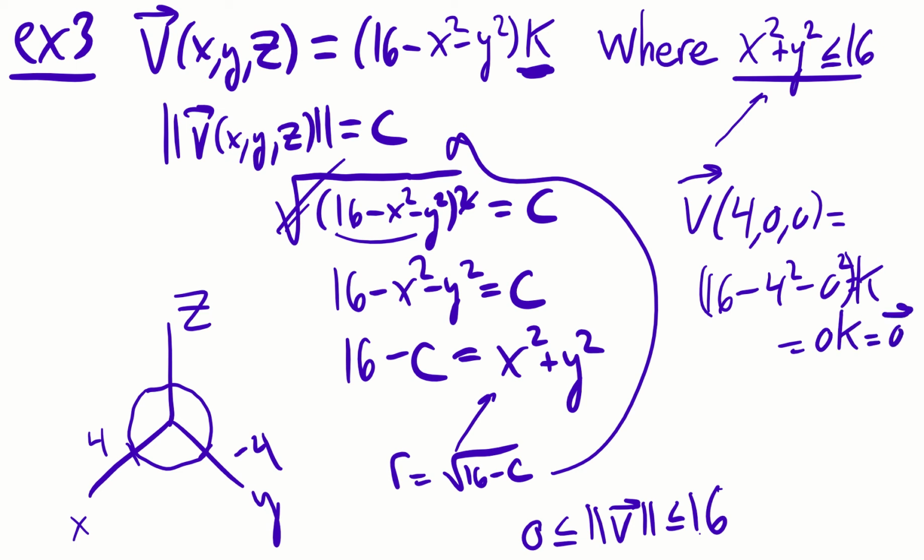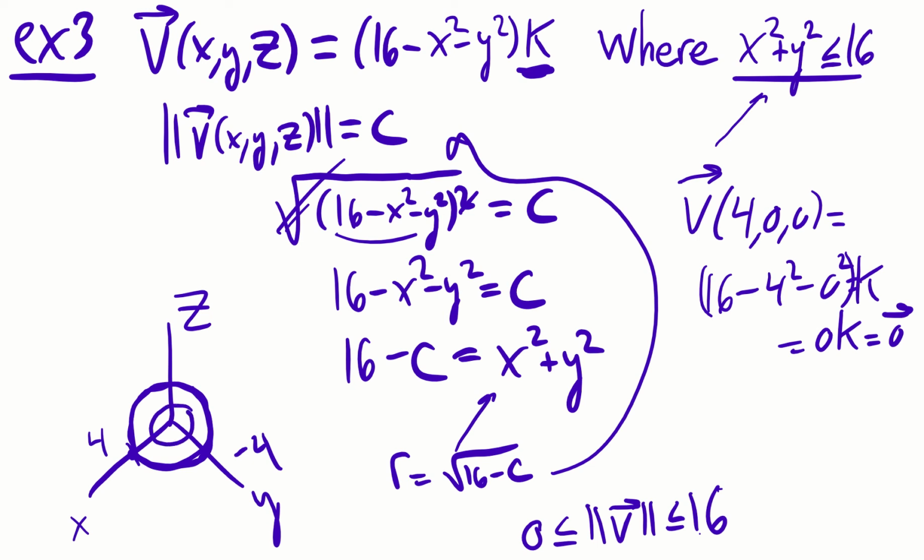So at this point, the vector coming from 4, 0, 0 has a magnitude of 0. So on the boundary, on that circle of radius 4, any point that projects to that circle is going to have the 0 vector.